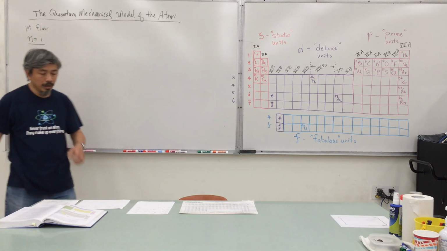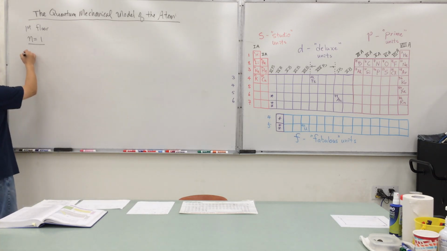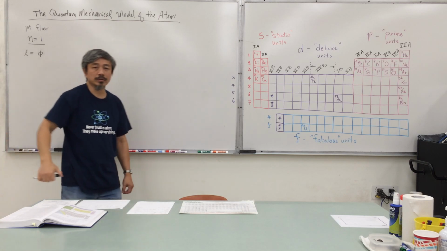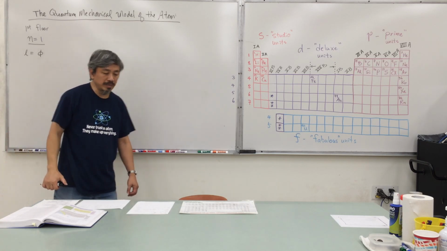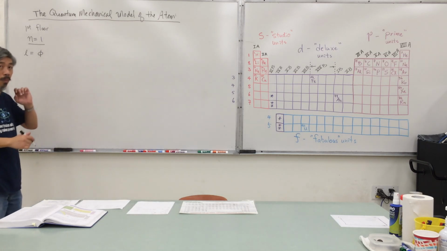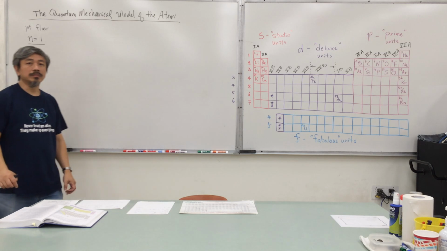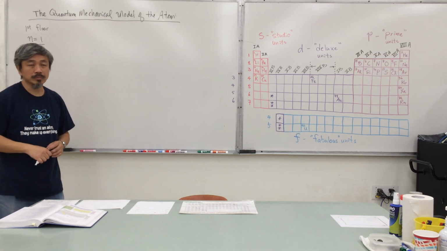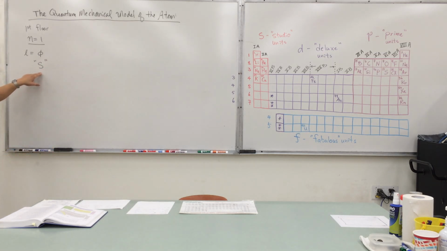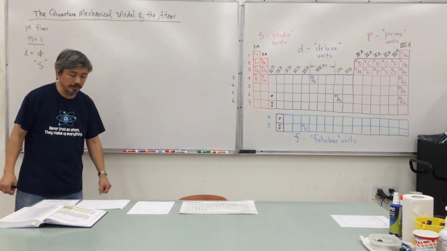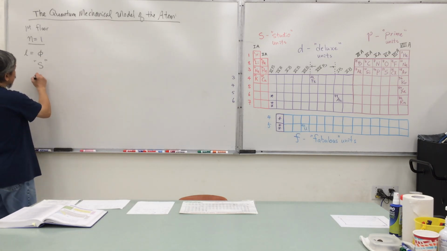With n equal to 1, what we find is that l will have a value equal to 0. That means that there's only going to be one type of room. It's basically only the studio unit, so to speak. So you're going to have the s unit in here, and within the s unit, you can think of this as the studio unit.